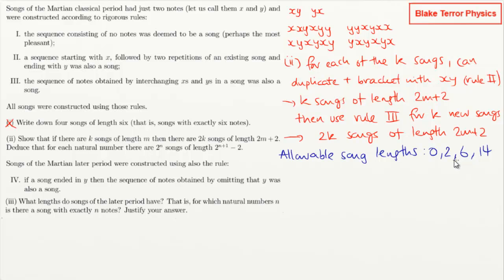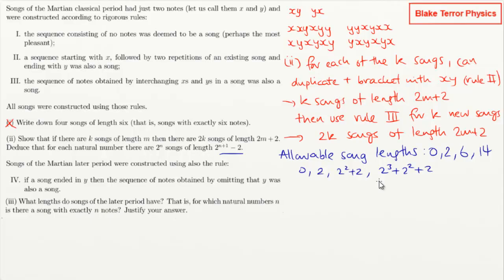These are all 2 less than a power of 2. So I'm going 0, 2, then doubling that and adding 2, so 2 squared plus 2. Then doubling that and adding 2, so 2 cubed plus 2 squared plus 2. So that's my sequence of lengths.